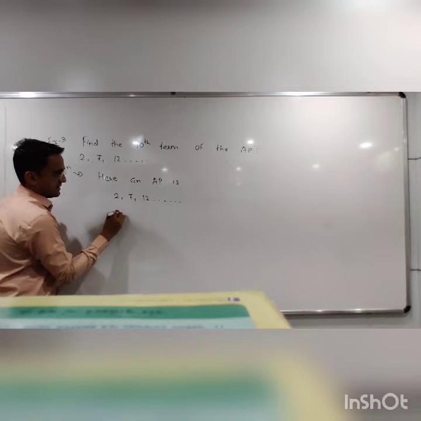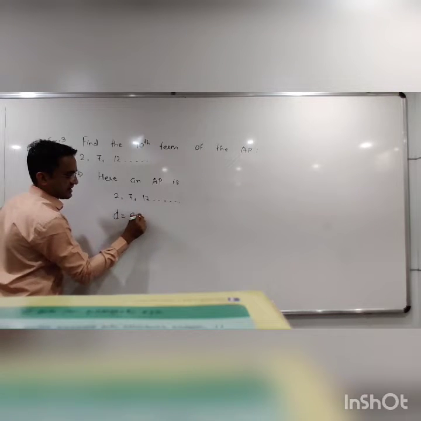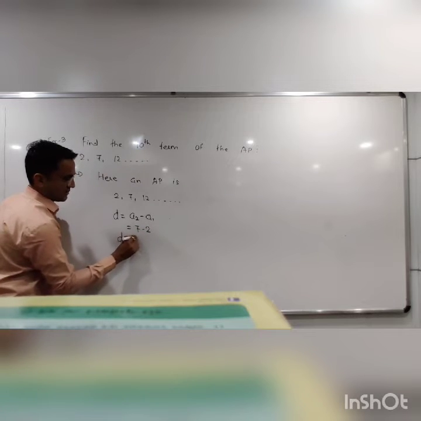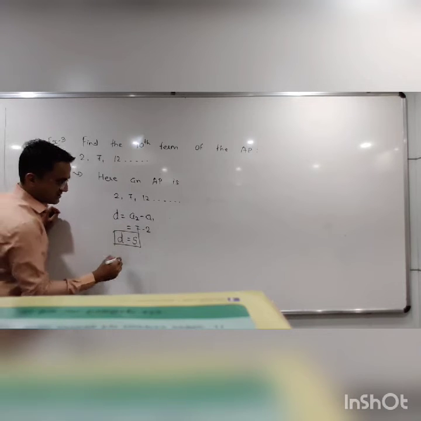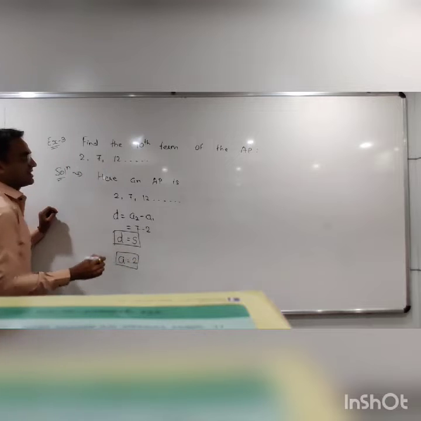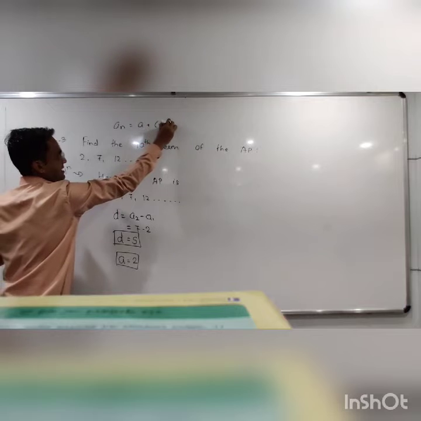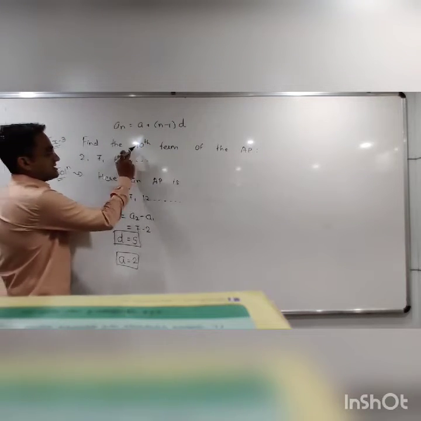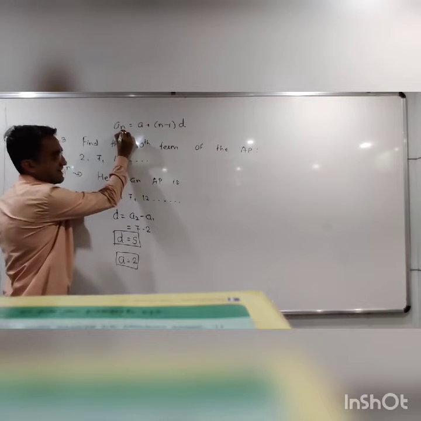Here d is equal to a2 minus a1. That means 7 minus 2. So d you will get 5. Right? Your a means the first term. The first term is 2. See, we have to use this formula, an is equal to a plus n minus 1 d. Now what to find? Find the 10th term. 10th term means here, this one is a10.